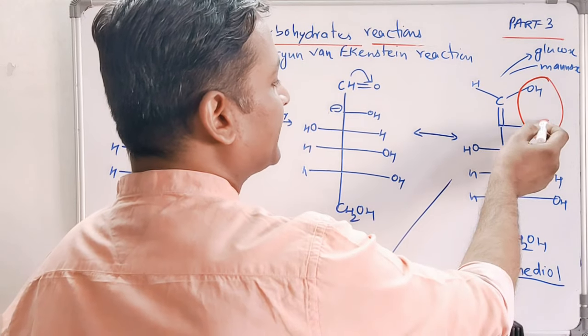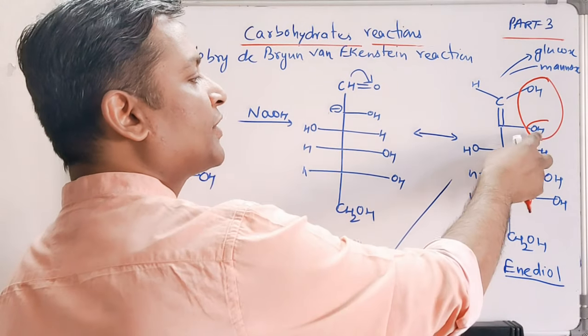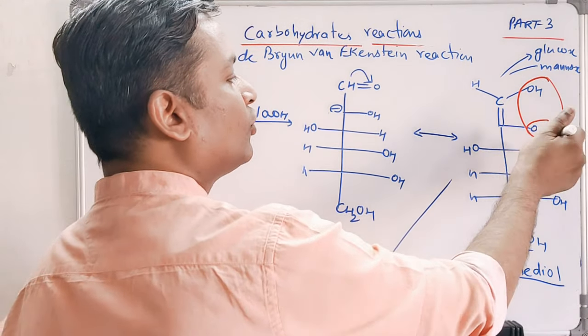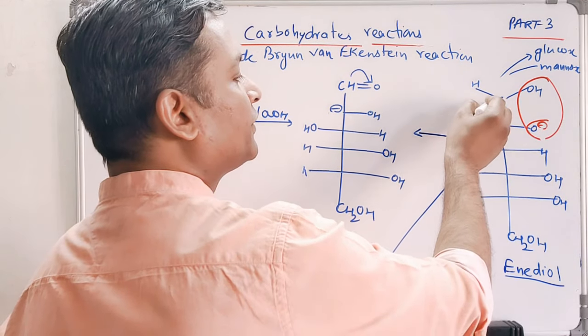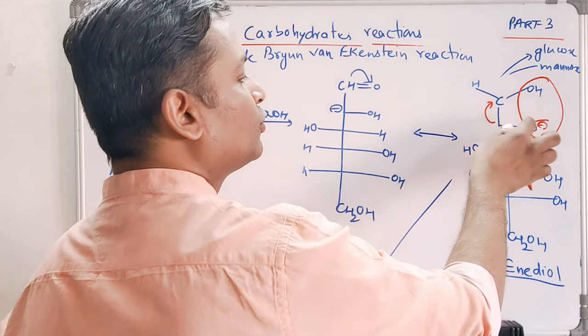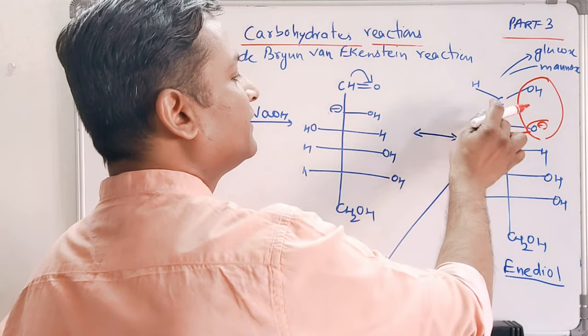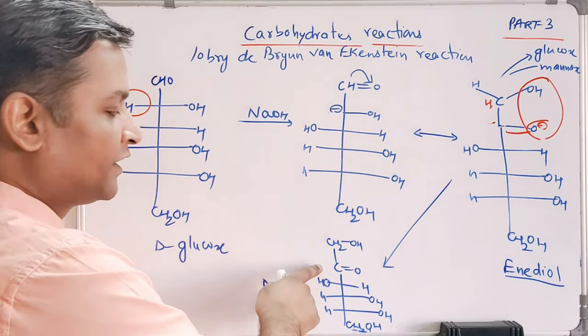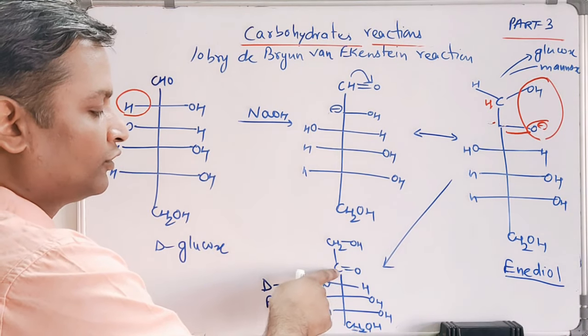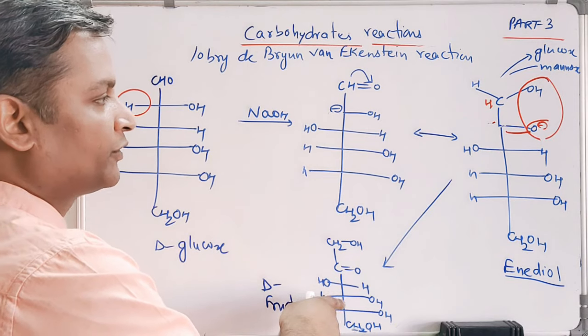If base abstracts this H, we get OH negative, and this negative charge will be in resonance with this to give you C=O and CH2OH. So we get a ketone here, and we get fructose through this intermediate.